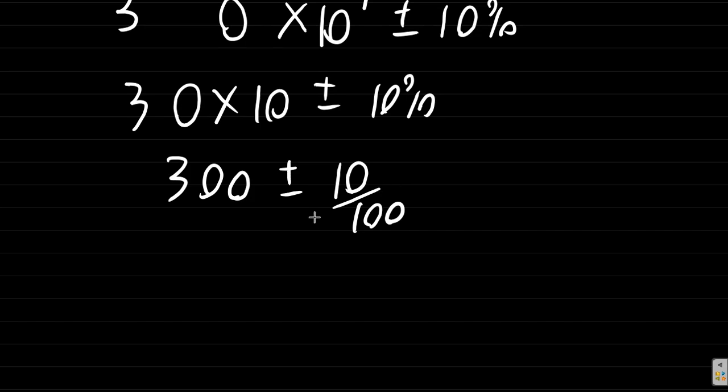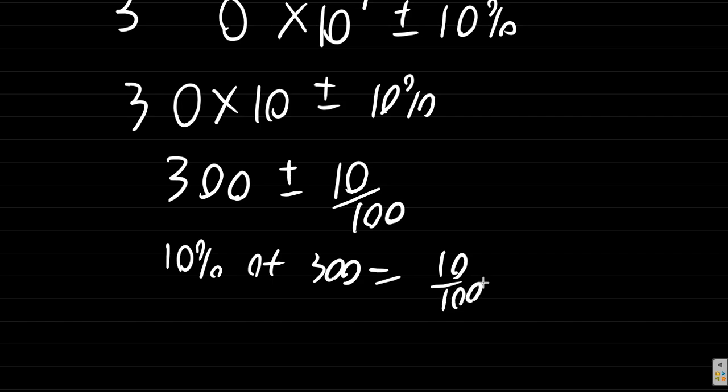Now, for this 10%, it means that you found the 300 and you will find 10% of 300. 10% of 300 is equal to 10 divided by 100 multiplied by 300.